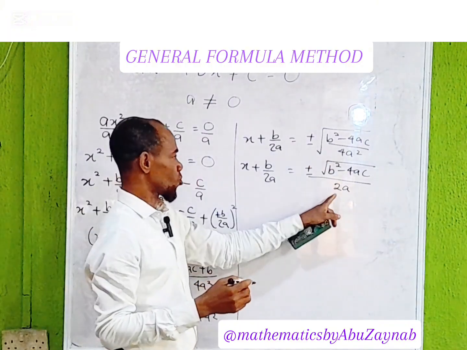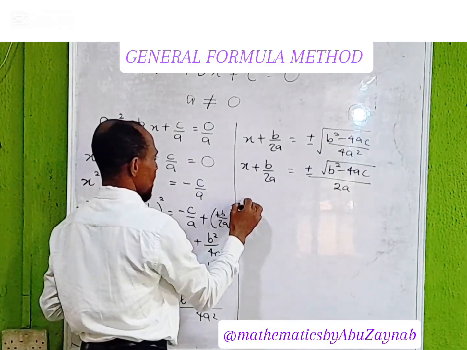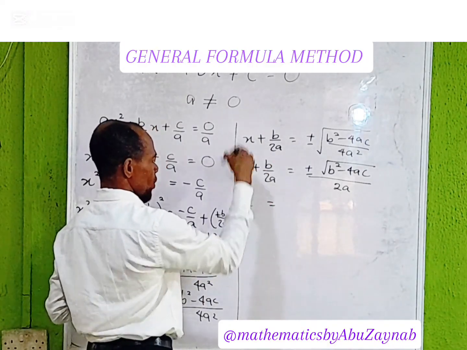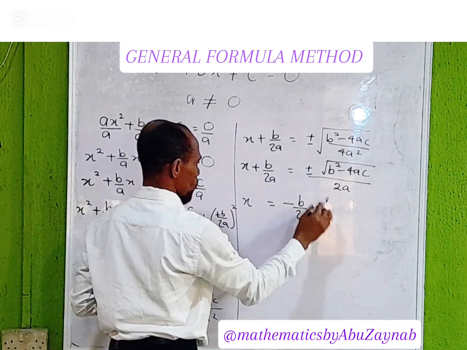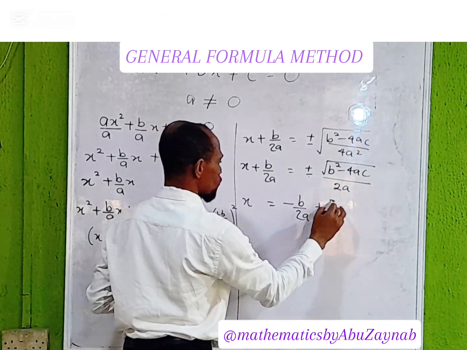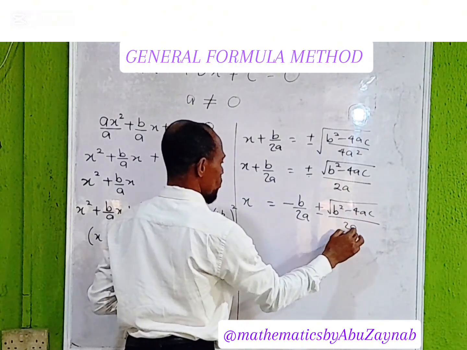Because root 4 is 2, root a squared is a. Hence, the last step is to move b over 2a to the other side. That becomes minus b over 2a plus or minus the square root of b squared minus 4ac over 2a.